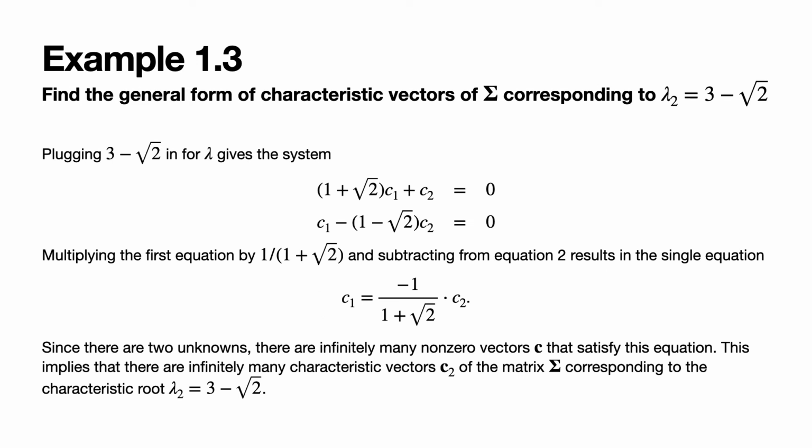So plugging 3 minus the square root of 2 in for lambda in the system of equations on the previous slide, we get the following system of two equations.